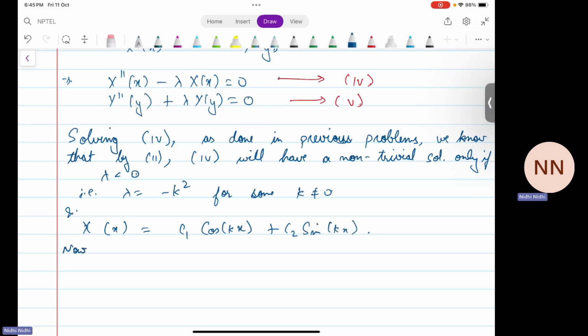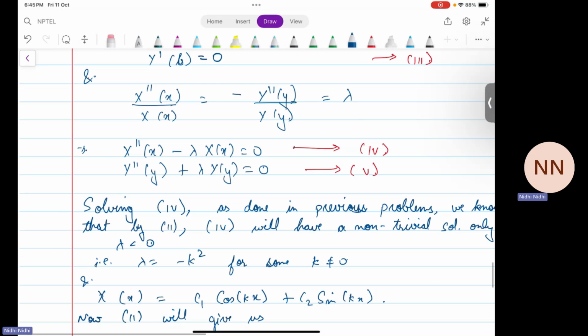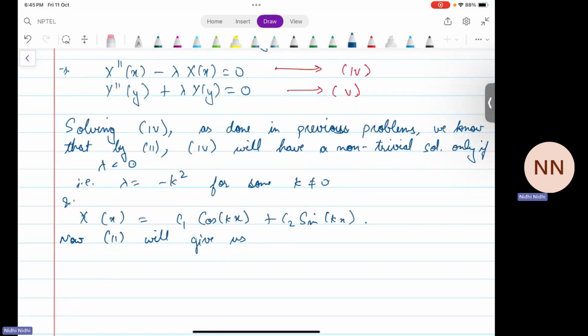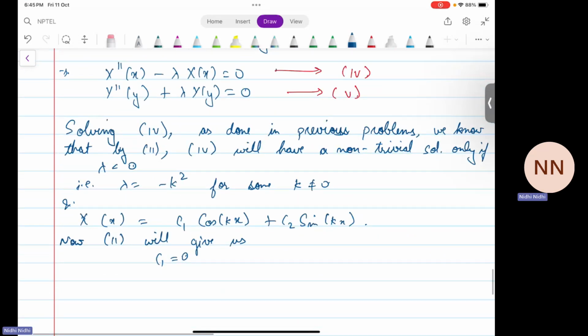Now the boundary condition second will give us, since X at 0 is 0, X at 0 is c1, so c1 is 0. And X at a is also 0, so we will get 0 equals c2 sin ka.